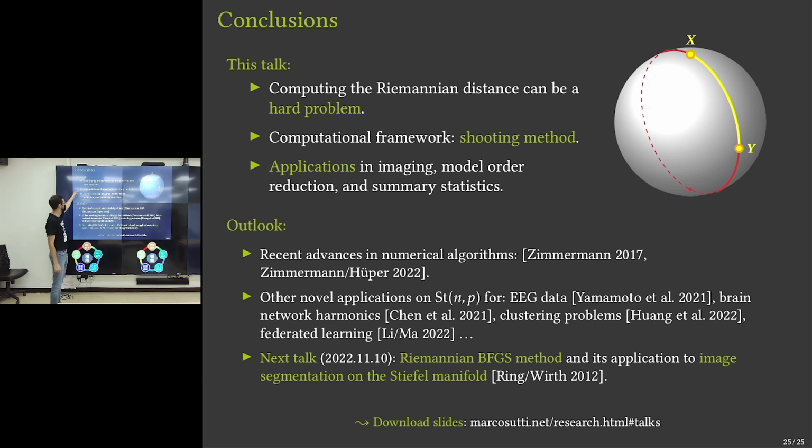I discussed this shooting method, and I presented applications in imaging, so shapes and model order reduction. There are also applications in summary statistics, which is nice, but I skipped it for a reason: it's a special case of the sphere, so we don't really need the Stiefel manifold. It's still nice to look at, and we can discuss it later.